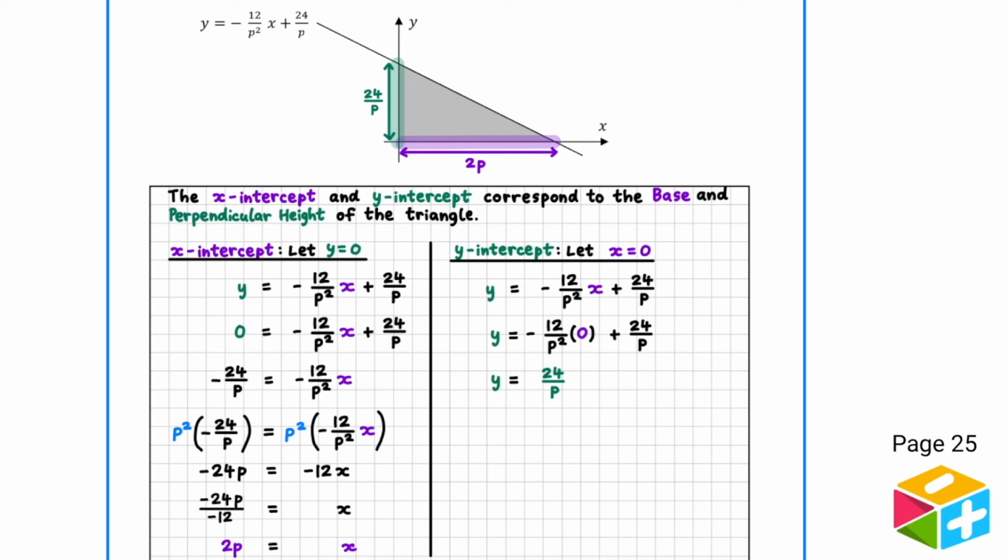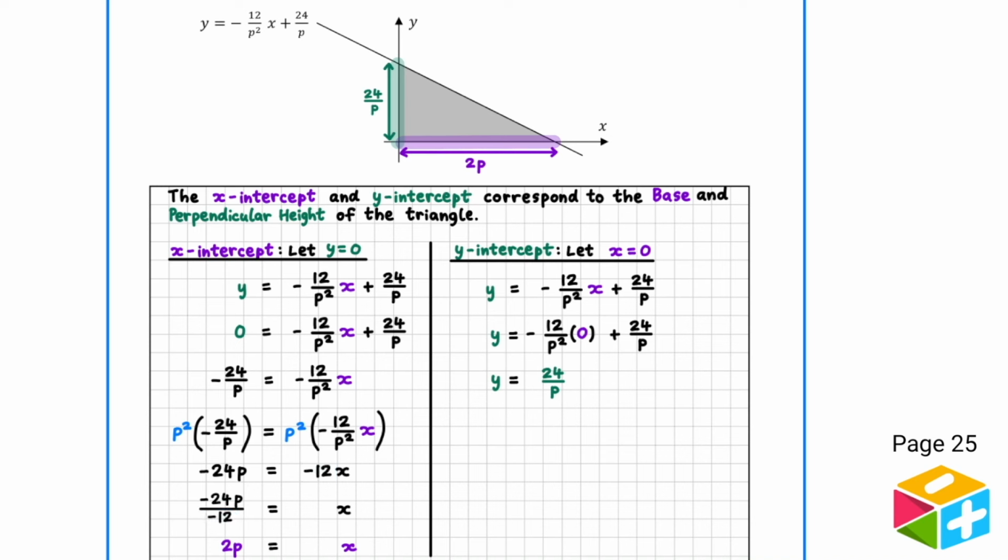As our final step, we can remove the multiplication by minus 12 by dividing both sides by minus 12. Since minus 24 divided by minus 12 is 2, we end up with x equal to 2p. So that's the value of our x-intercept.